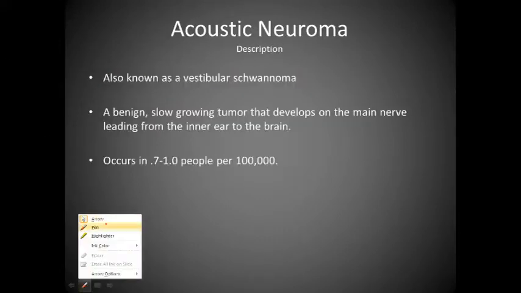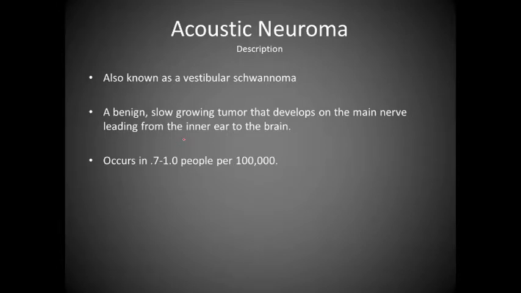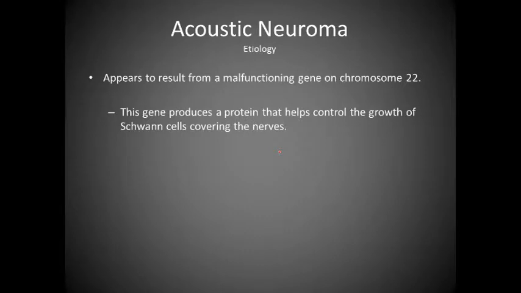Okay, an acoustic neuroma. An acoustic neuroma is also known as a vestibular schwannoma, and we see that it is a benign, slow-growing tumor that develops on the main nerve leading from the inner ear to the brain. It occurs in 0.7 to 1.0 of people per 100,000, so it's quite uncommon in people, and this is something you may never see.